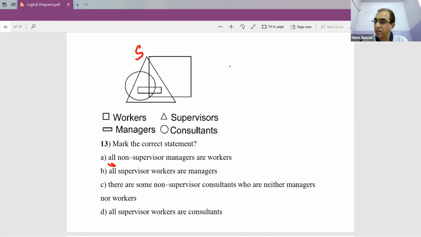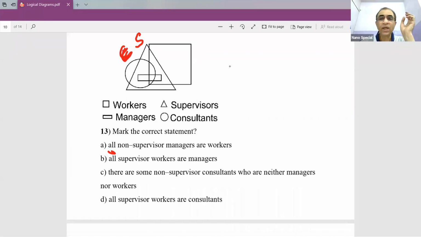But here in this particular question, whenever you have this all business, yeah, I got it back. Whenever you have this all business, there is only one way the all thing works. All managers are supervisors. So he says all non-supervisor managers are workers. This is wrong. All supervisor workers are consultants. This is also wrong.